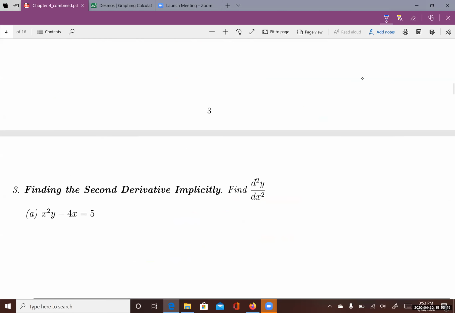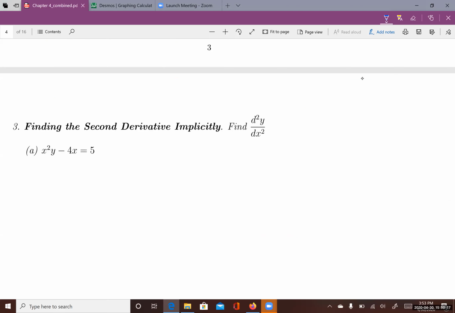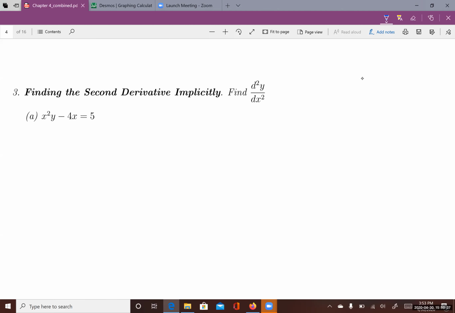Once you know how to find dy over dx of any curve using implicit differentiation, then if you want to find the second derivative of y in terms of x, you can just find the first derivative and then find the second derivative. This is an example of the second derivative implicitly.